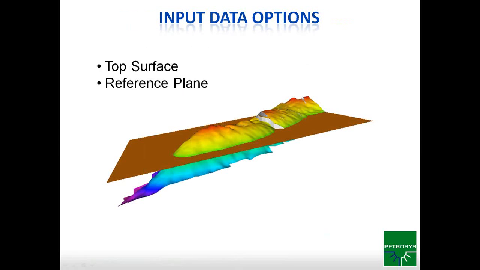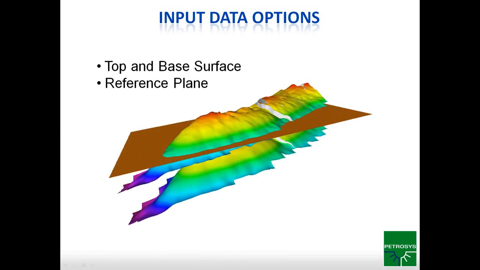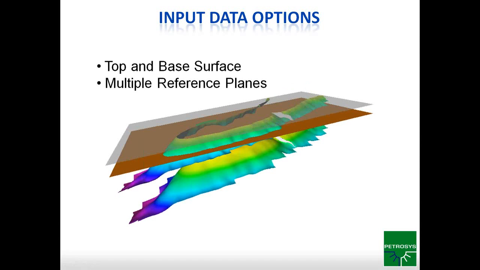What kind of data can you work with inside of our volumetrics? Well, the typical sorts of things. You can run models with just a top surface and a single reference plane. You're allowed to have multiple reference planes, up to 4 of them if you'd like. You can have multiple surfaces, defining a top and a base, also with and without multiple reference planes.